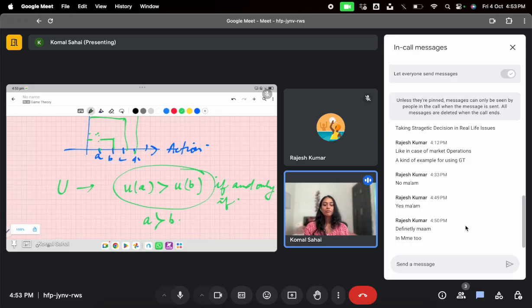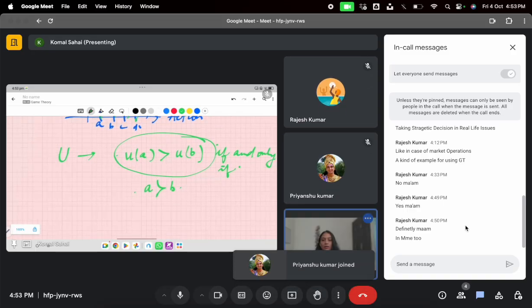If and only if means the direction is both ways: if this is true, then this is true, and if this is true, then this is true. Okay? So this is what a utility function is.